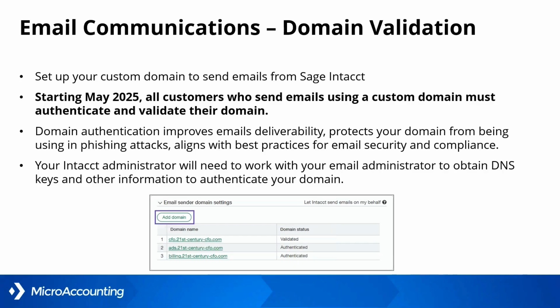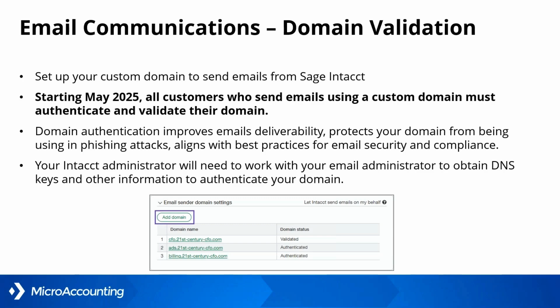But we do recommend clients that, particularly if you're having issues with emails getting caught in spam or customers saying they're not getting emails from you, if you're sending out invoices, or your internal team, if you're not getting emails, if you are doing payment notification emails, or whatever the case is, that you set this up.